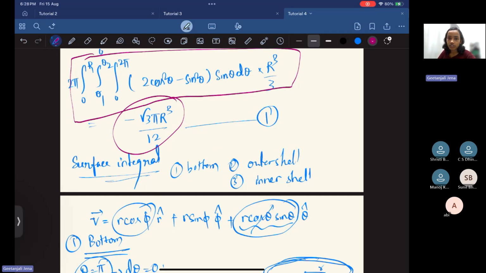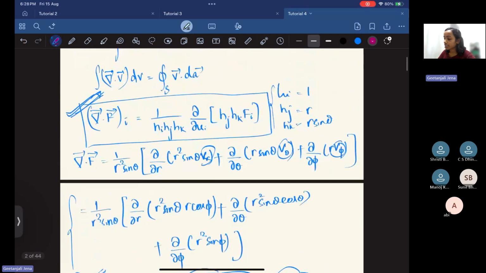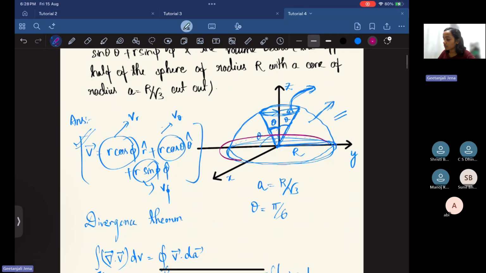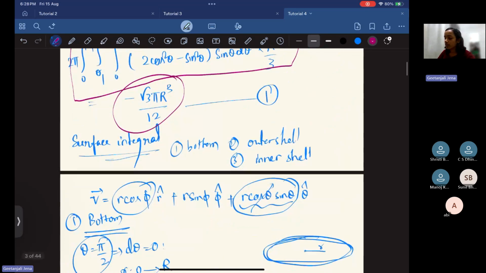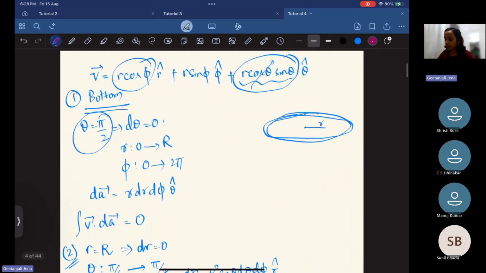For the surface integration, you need to see the different types of surface we have. Here we have three types of surface: the bottom circular surface, the outer spherical surface, and the inner conical surface. For these three surfaces, you need to calculate the surface integration.